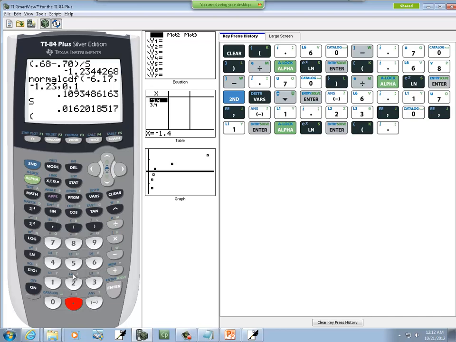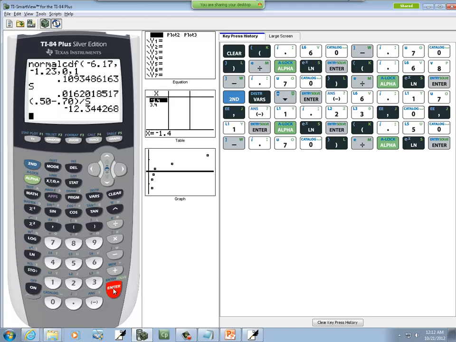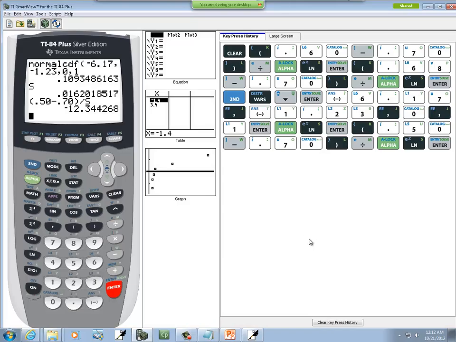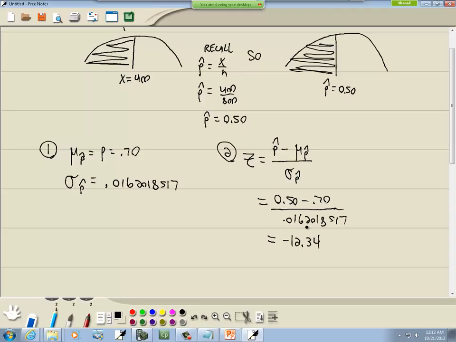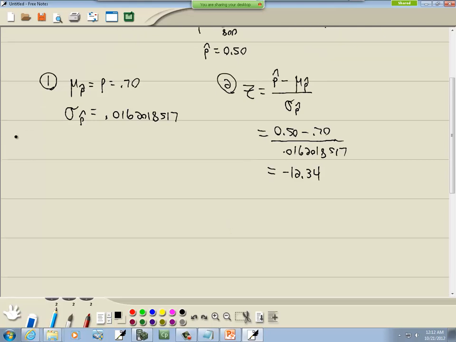Beginning parentheses 0.50 minus 0.70, closing parentheses, divided by S. So I'll do alpha ln, and then enter. Wow. Negative 12.34. So our picture now is z equals negative 12.34, shaded that way.